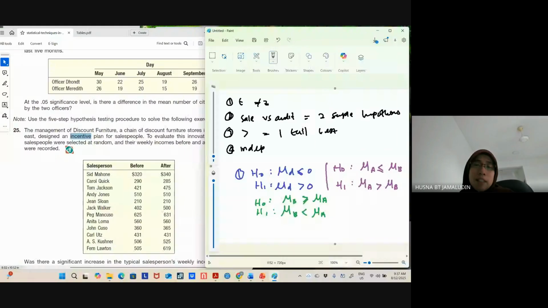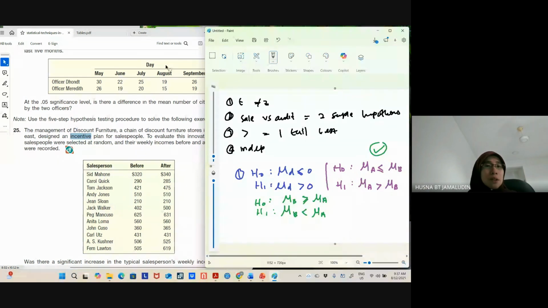Okay, you can also have this way, but because you expect that after receiving incentive, of course you will have more income, so this will be more accurate, the purple one. Although the blue and the green one are also acceptable, the purple is clearer and a better way of explaining your hypothesis.